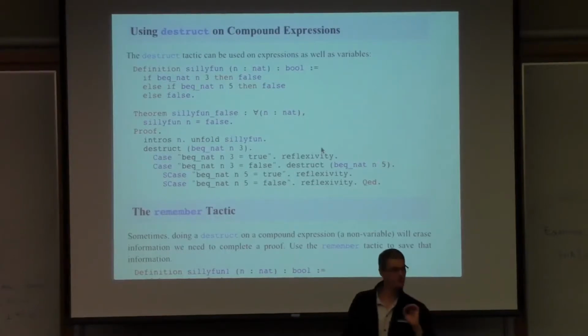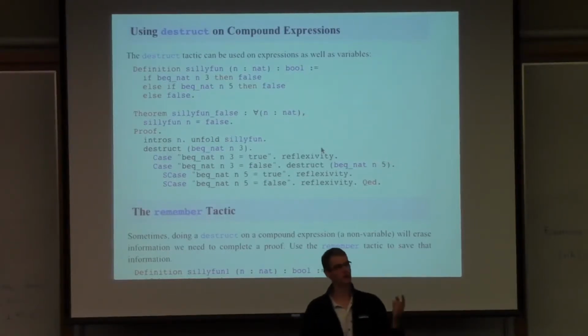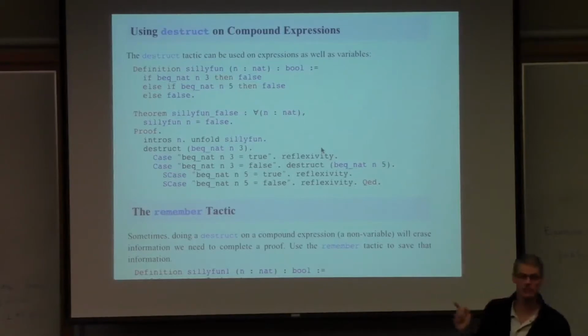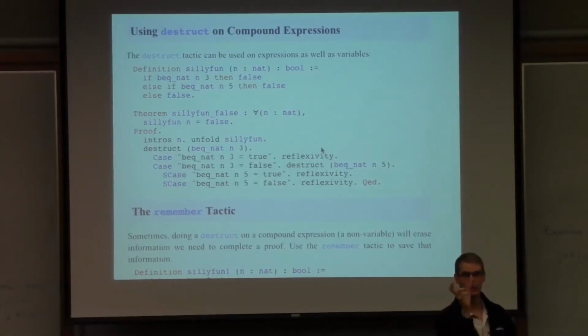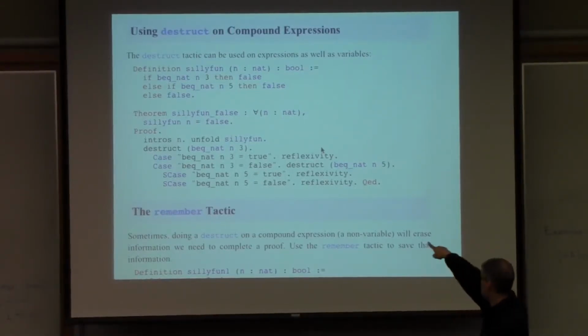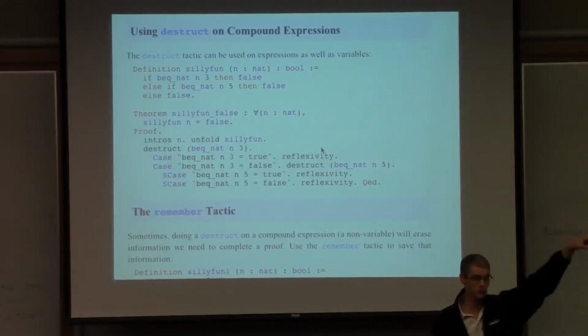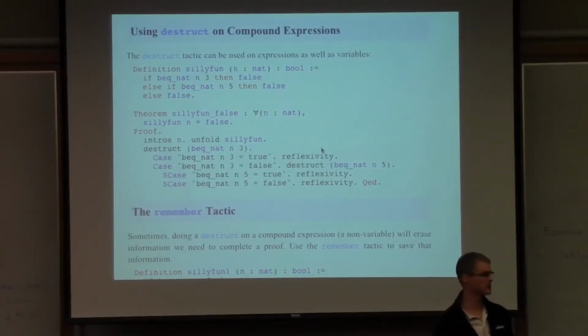Okay, so having told you that you can do this, I'm now going to advise you not to do it. And the reason is that often the expression that you're destructing is also something that you need to reason about. Okay, so in this particular silly example, we can take this expression BEQNAT N3 and replace it everywhere by true in one subgoal and by false in the other subgoal, and we can finish the reasoning that we need to do.